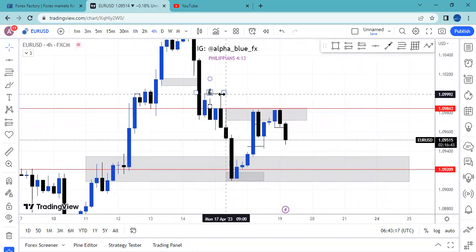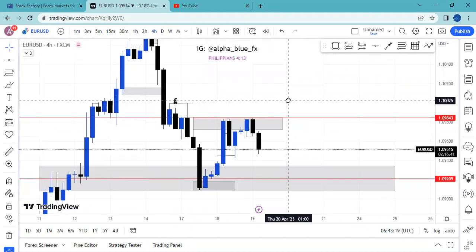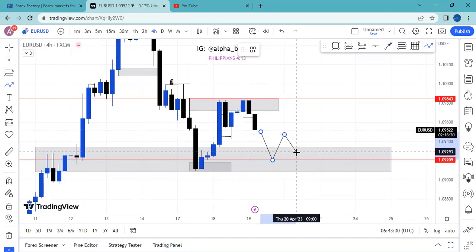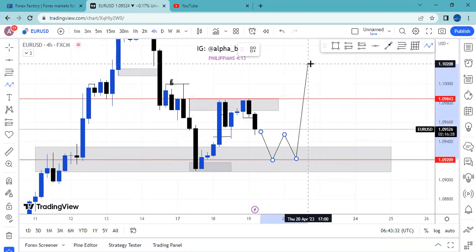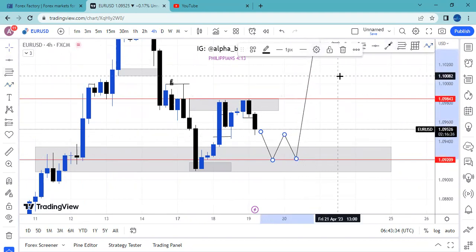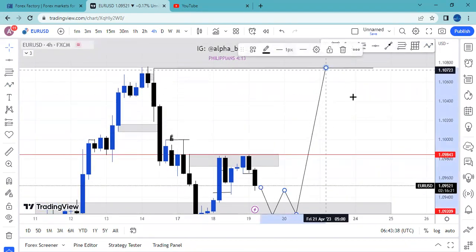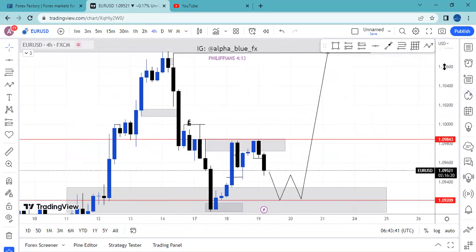And there's also liquidity right here. So we may see price come down to this level, tap this demand here, do something like this, then continue to the upside, all the way to take out this. So this is something that is very possible.